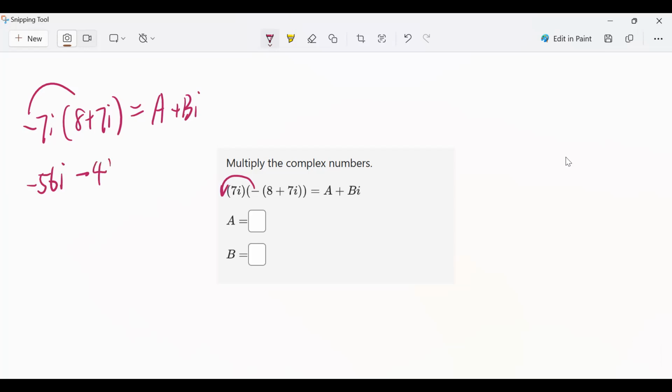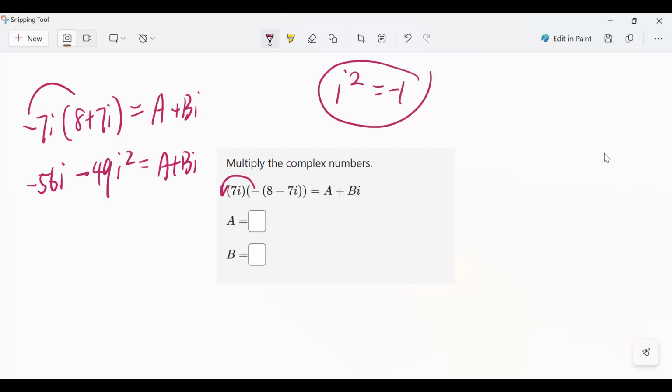7 times 7, 49, 5 times i squared. We need to simplify because i squared equals -1. This is the most important thing, right? It's like the foundation of all the complex numbers. So that's minus 56i minus 49 times -1.